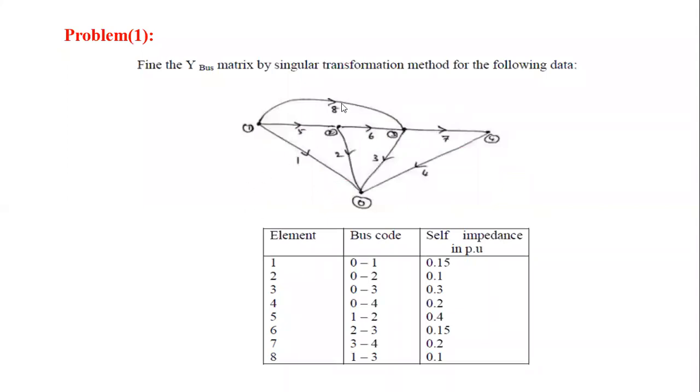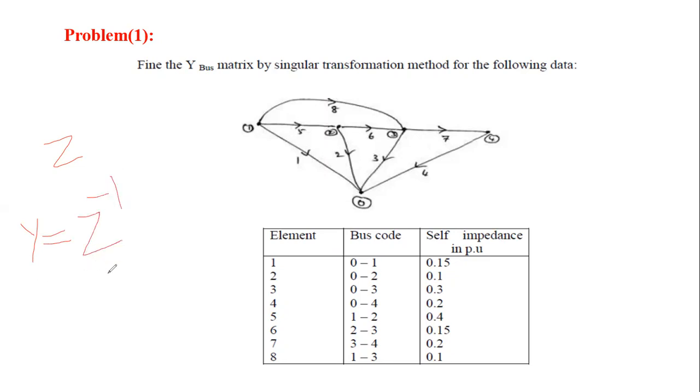This is the given graph. By using this given graph, first we form the Z matrix by using this data. After that, we form the Y matrix. What is the procedure for the Y matrix? Y is equal to the Z inverse.